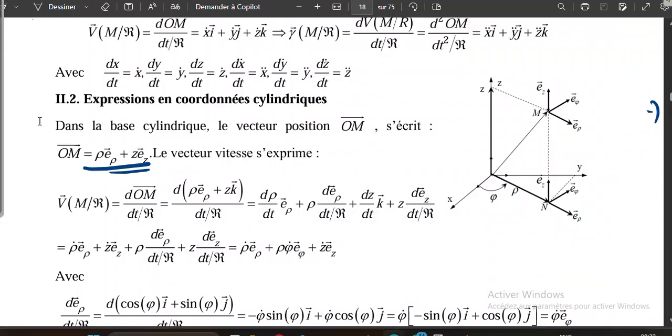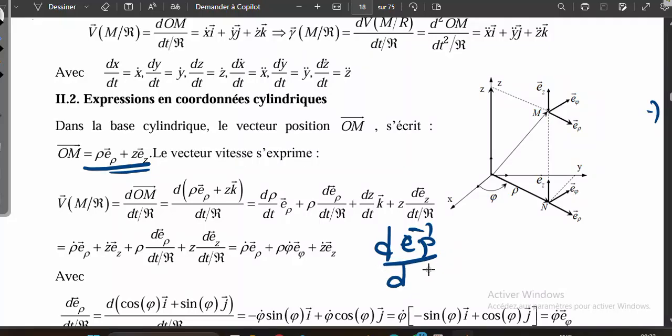So, therefore, this is what you know: the derivative of e rho with respect to phi, the angle, is equal to e phi. This is a property of deriving a vector.